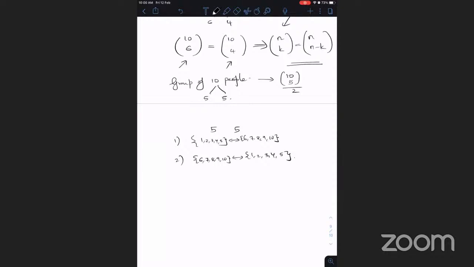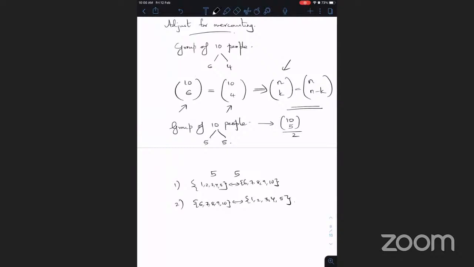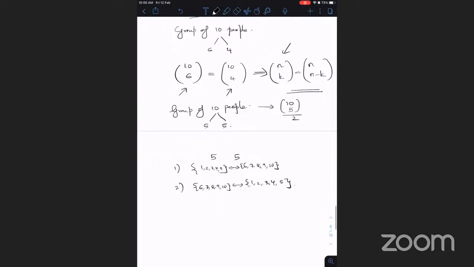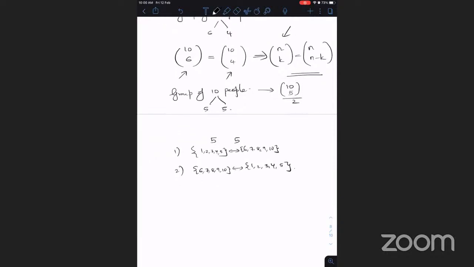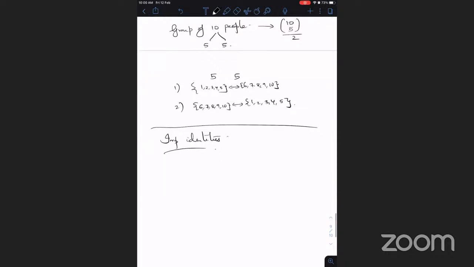Fine. So now we have seen why adjusting for overcounting is an important problem. Now let's see important identities and proofs.